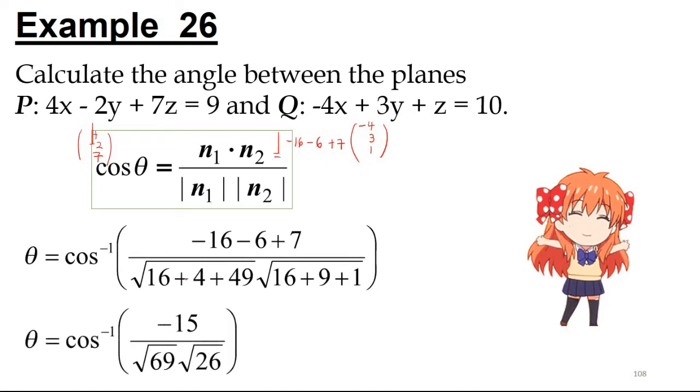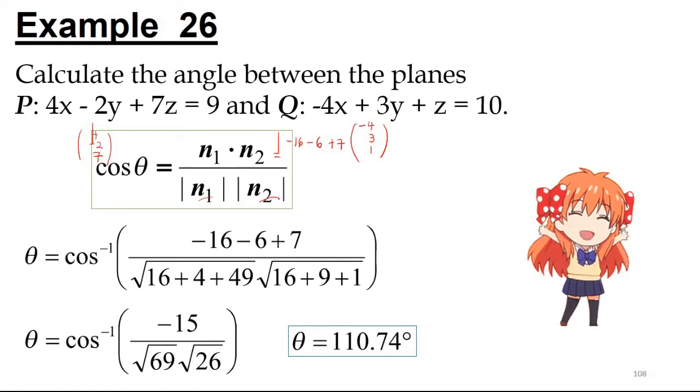And then at the bottom, you find the magnitudes. For N1, we find the square root of 4 squared plus negative 2 squared plus 7 squared. And for N2, negative 4 squared plus 3 squared plus 1 squared. Then just press the calculator, and we got theta equal to 110.74.